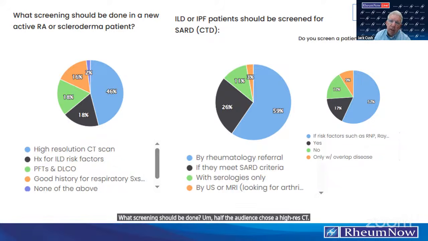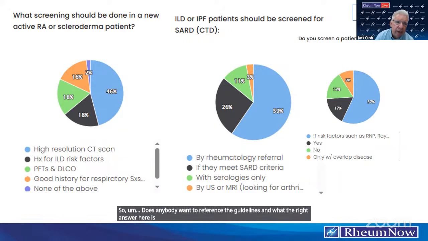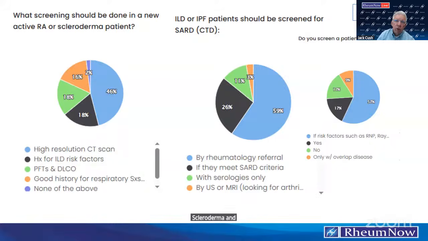The other minority, about 18% each, said only if you have risk factors, or I'll do PFTs and DLCO, or only if there's a good history. So, does anybody want to reference the guidelines and what the right answer here is? And is it different between scleroderma and RA, if you're considering screening for ILD?